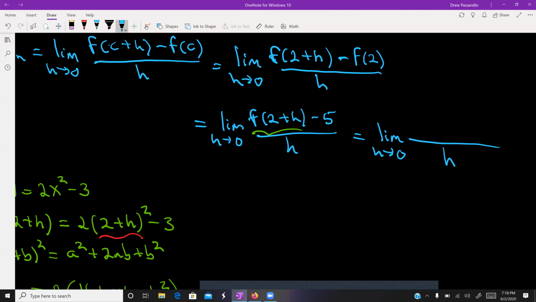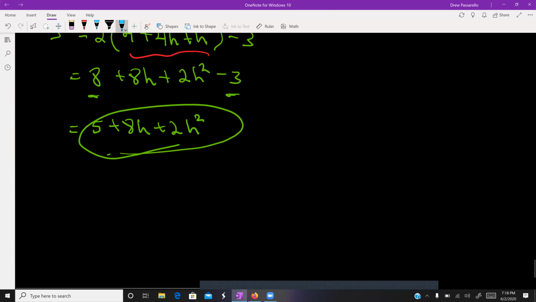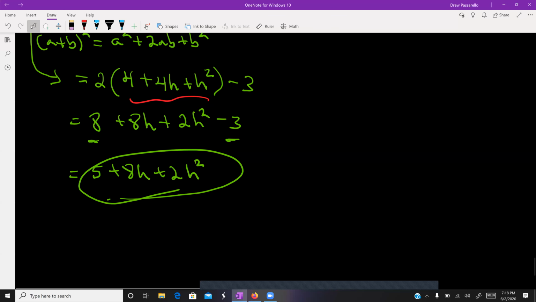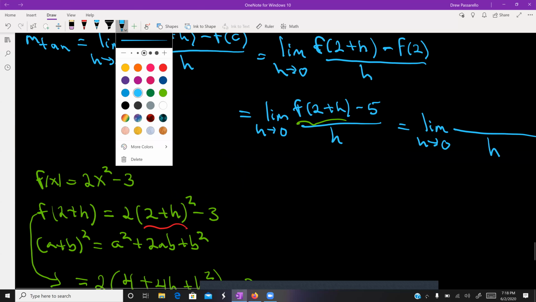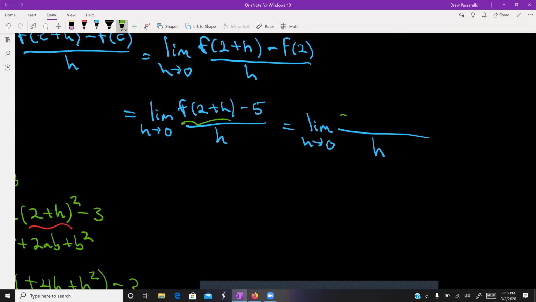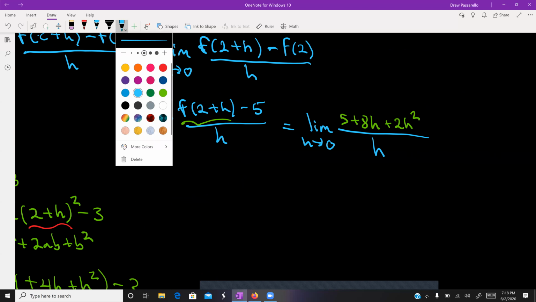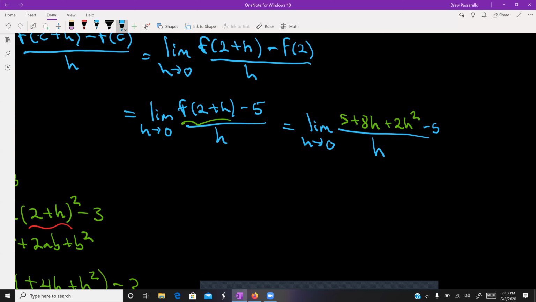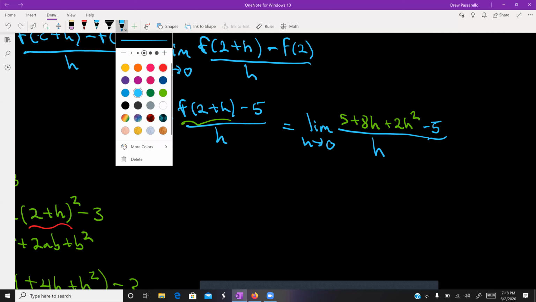Okay, so in green, that was 5 plus 8h plus 2h squared. And then I have the minus 5. Now I can cancel out 5 with minus 5.